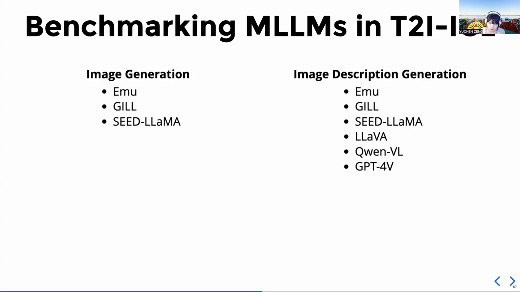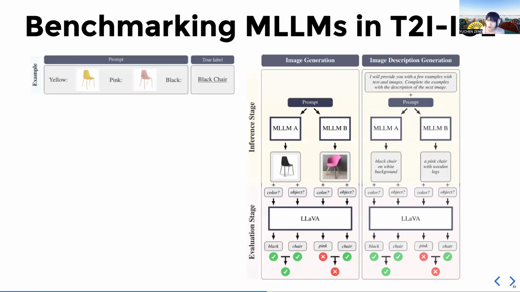So if they cannot generate images, we can just add one more sentence to instruct them to generate a description of the image. We still provide the same prompt, but at the beginning we add a sentence to instruct the model to generate the description instead, such as: I will provide you with a few examples with text and images. Complete the examples with the description of the next image.